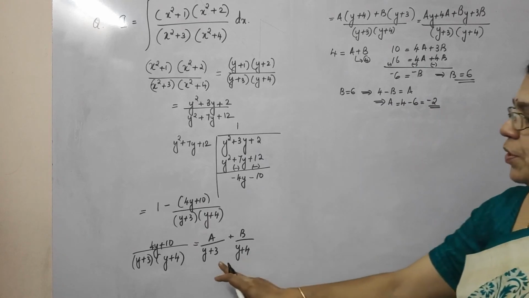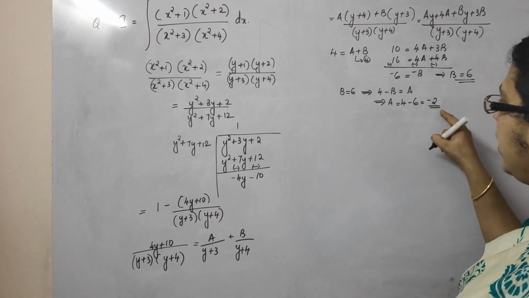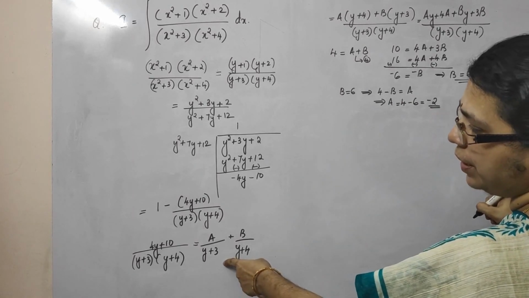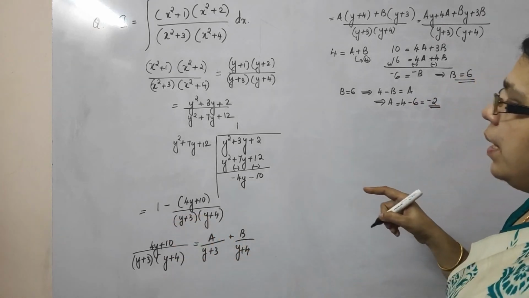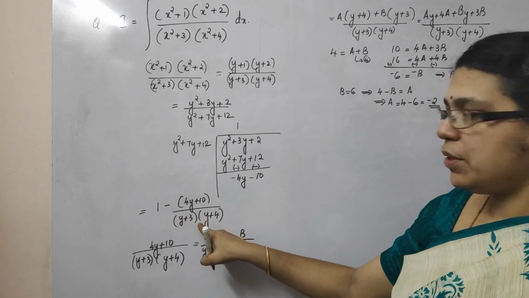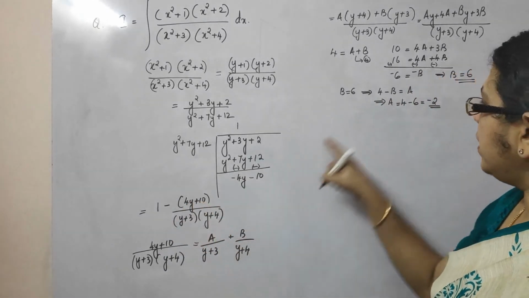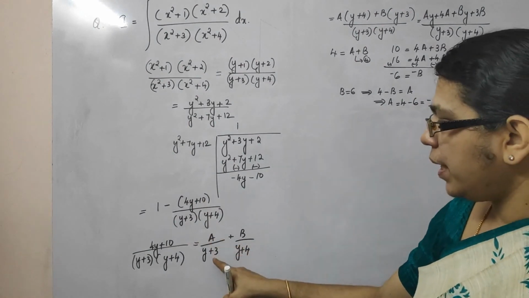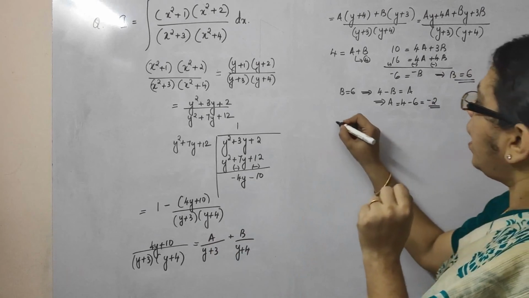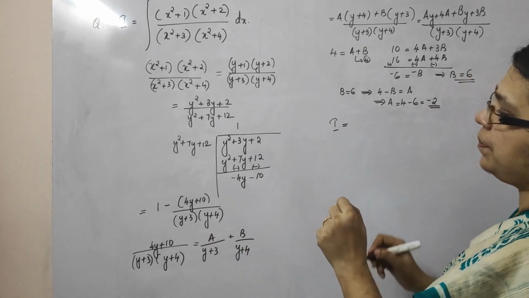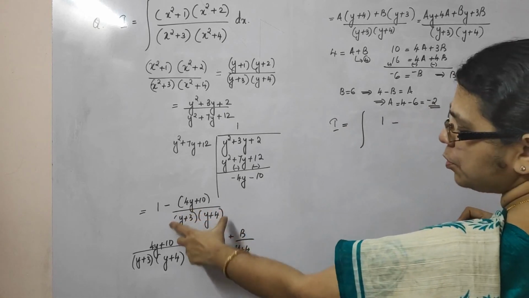Now I am resubstituting it into this. Substituting it here or here, whichever way you want. I'll substitute it here. 4y + 10 is now replaced with a by this and b by this. So, now listen. I is equal to the integral of 1 minus, this expression is this.